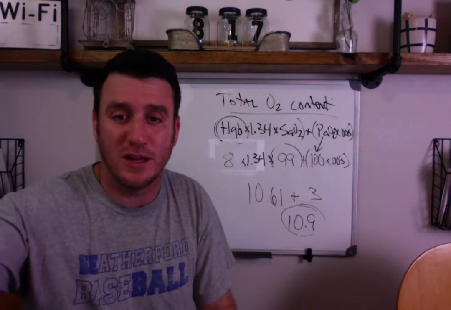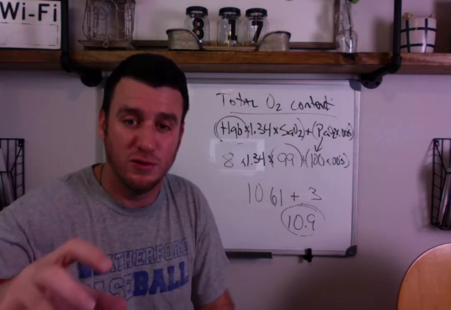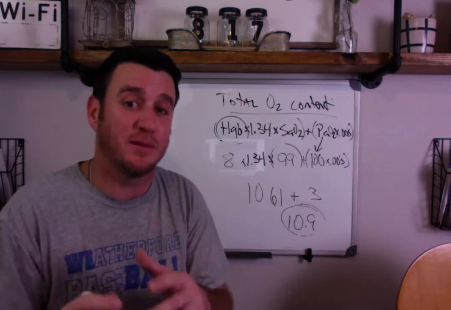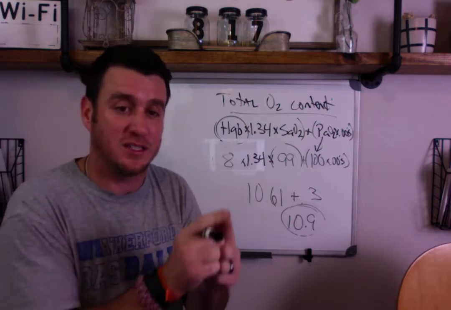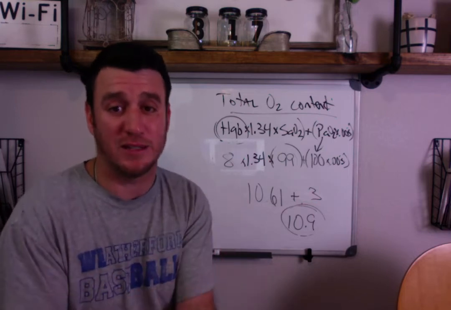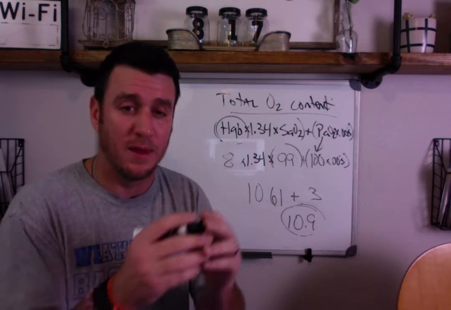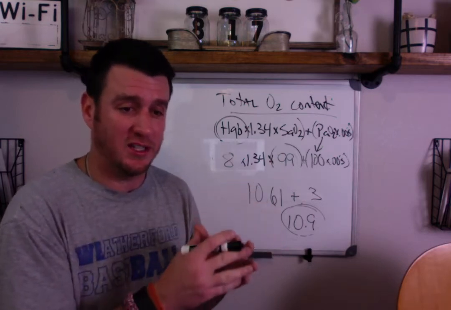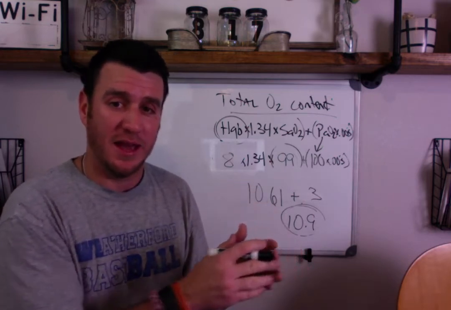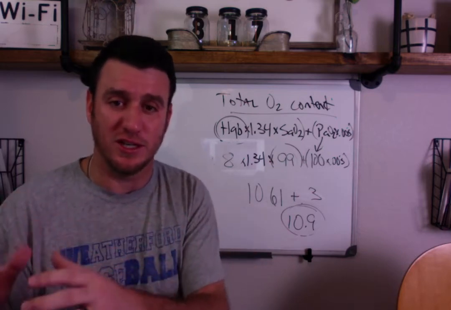I don't care because I understand that the total O2 content is still acceptable based off of this patient's carrying capacity. I think that's where I would take the conversation. I think this is a much more tangible formula and a much more tangible road to go down as opposed to the oxyhemoglobin dissociation curve.